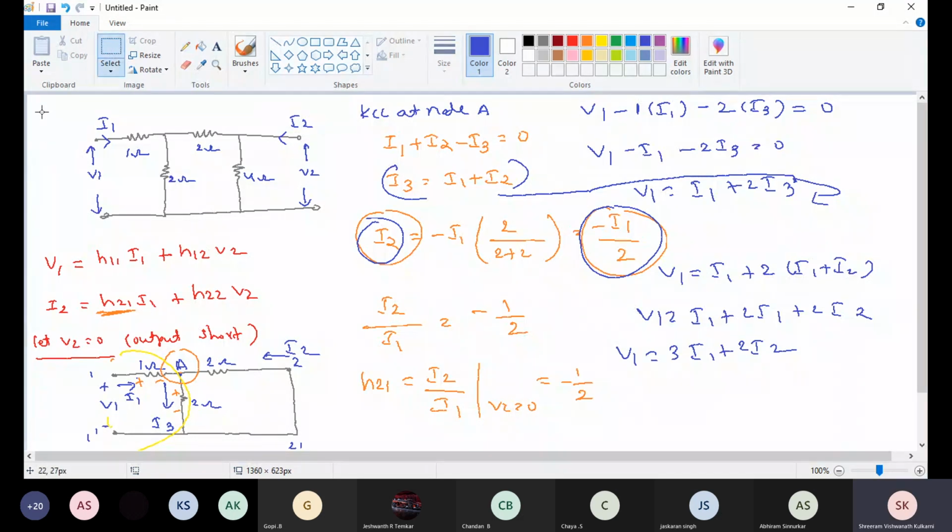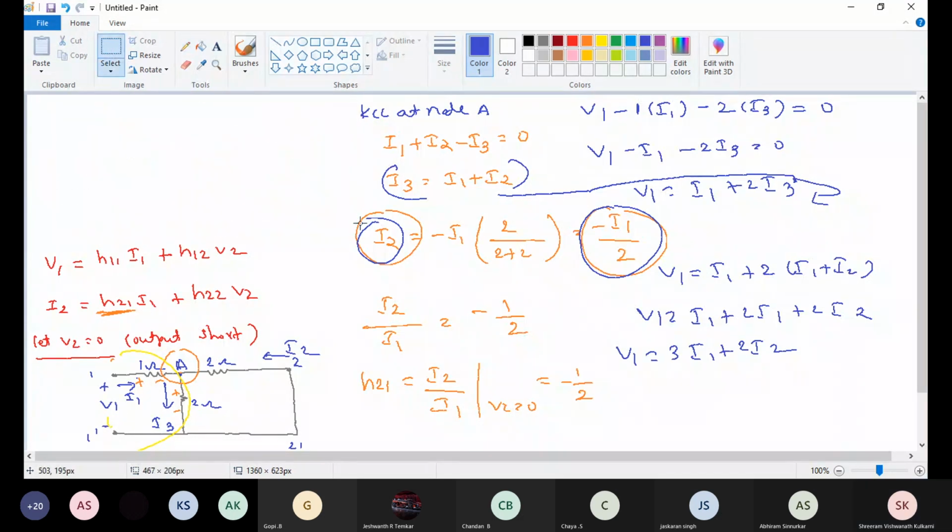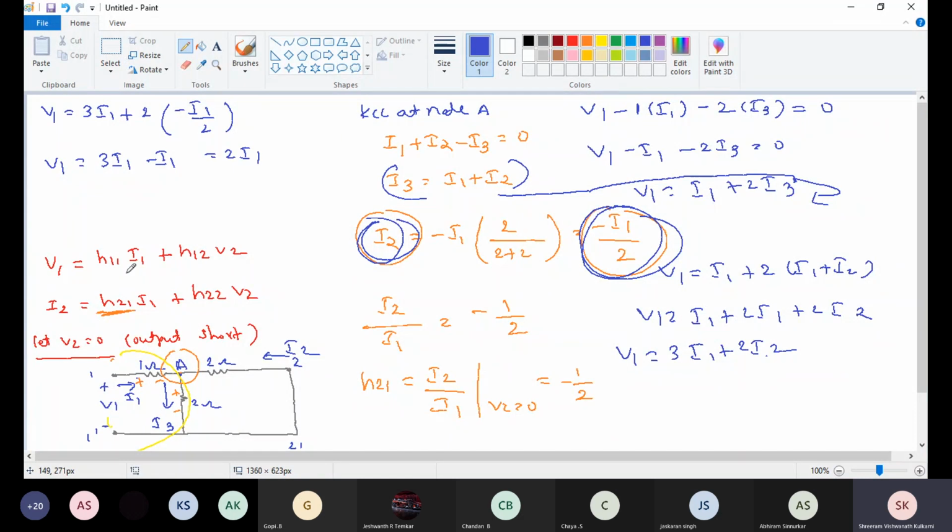So, I'm going to write V1 equals 3I1 plus 2, in terms of I2, I am writing minus I1 by 2. By solving this, I'll get V1 equals 3I1 minus I1 equals 2I1.